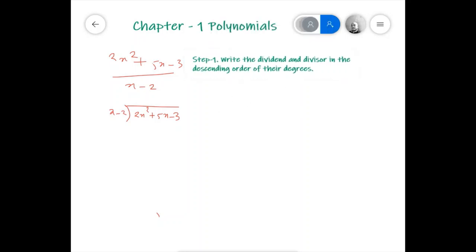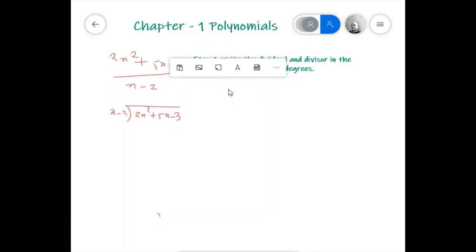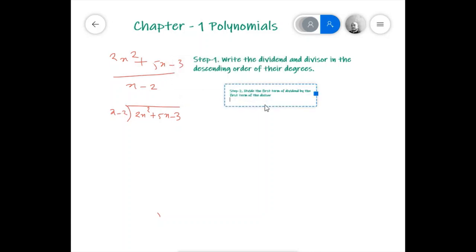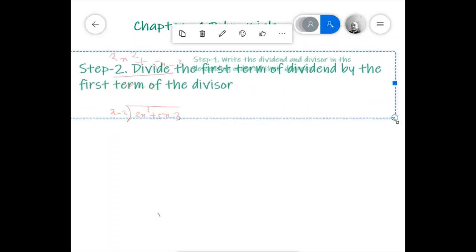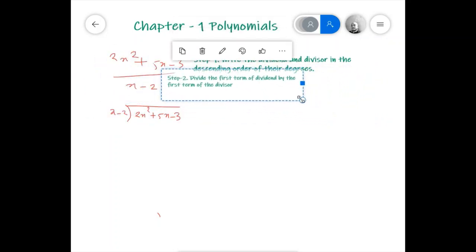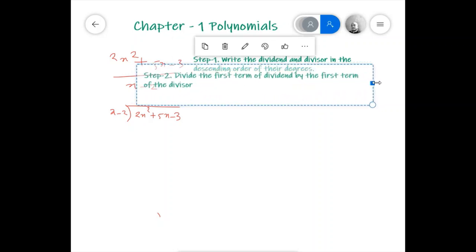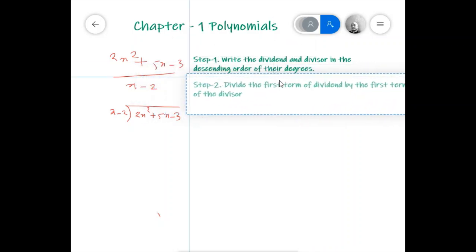Okay, so step 2 says divide the first term of the dividend by the first term of the divisor. Understood?